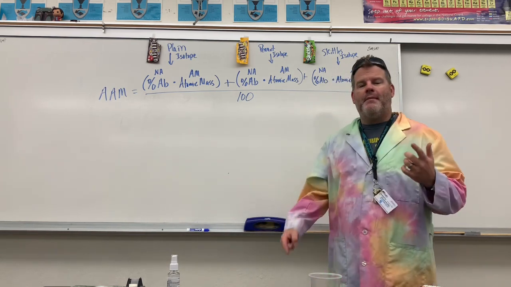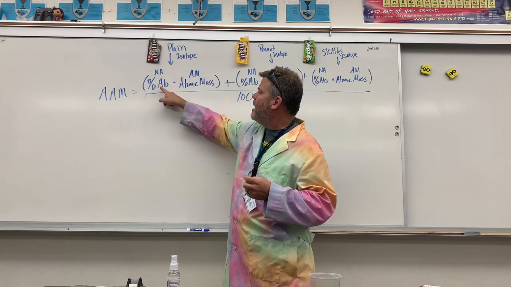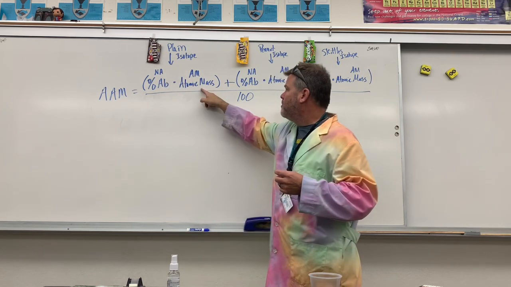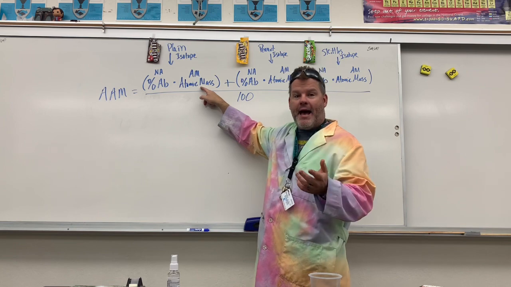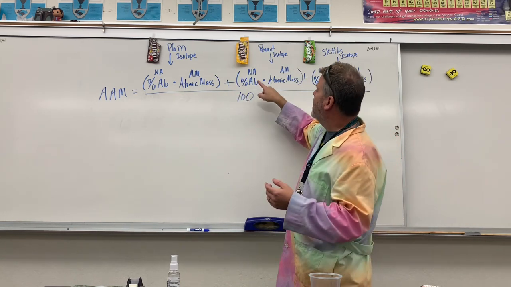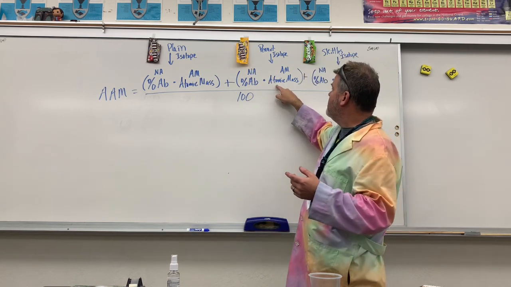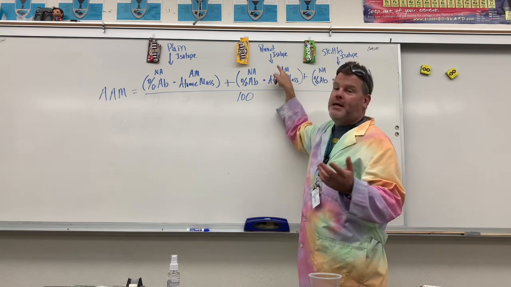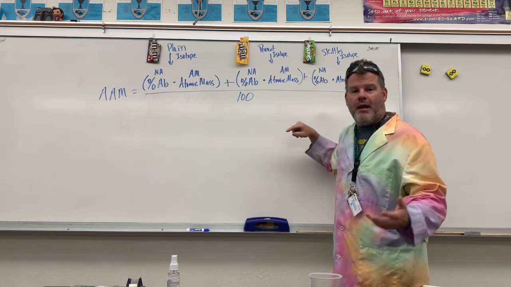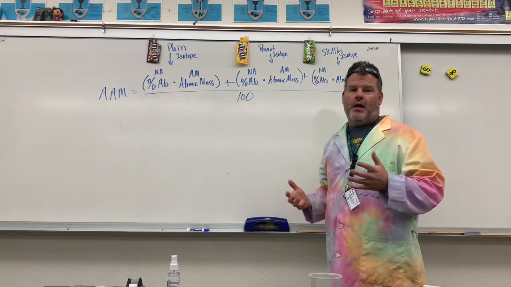It takes our three different isotopes: the percent abundance of our plain M&M multiplied by the atomic mass of our plain M&M, added to the percent abundance of our peanut M&M multiplied by the atomic mass of our peanut isotope, and then added to the percent abundance of our Skittle M&M multiplied by the atomic mass of our Skittle isotope.